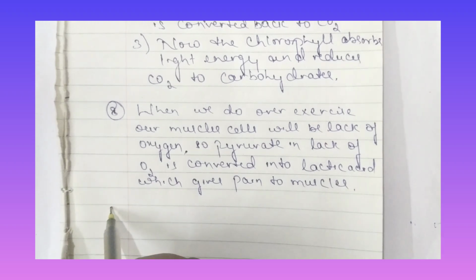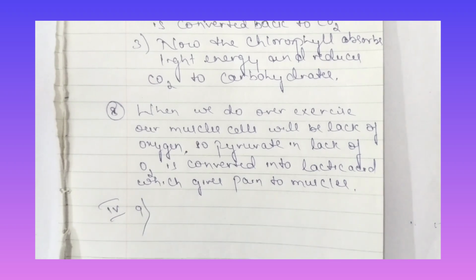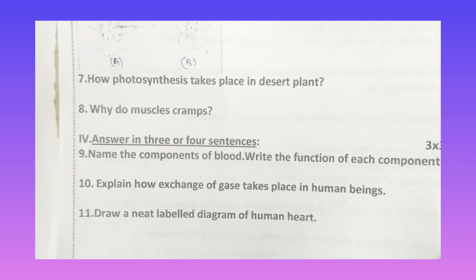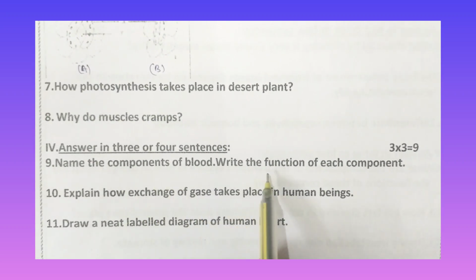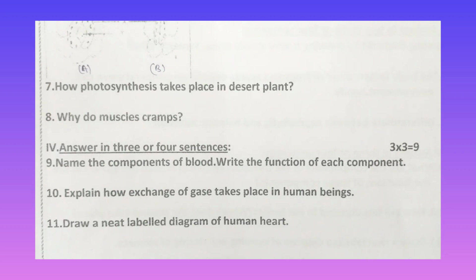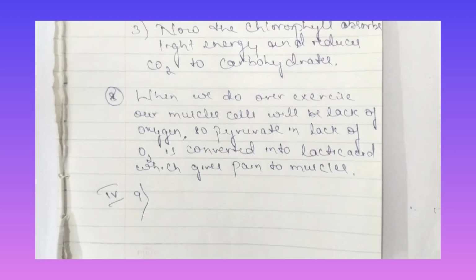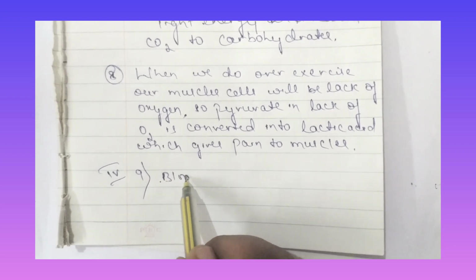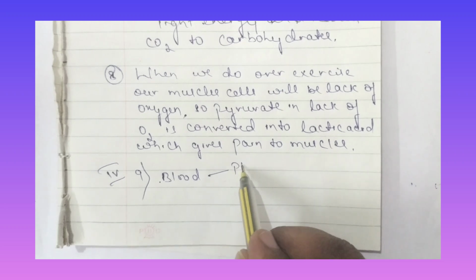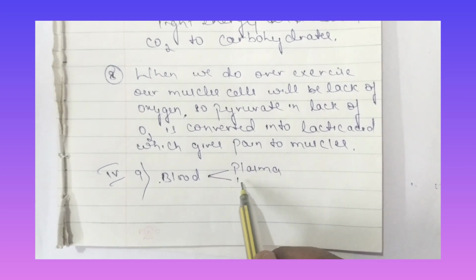Now let us move to the fourth main question, question number 9. In question number 9 they have given: name the components of blood and write the function of each component.